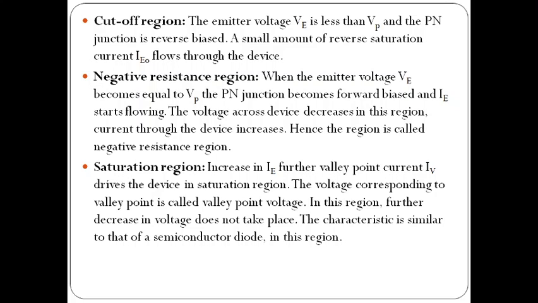VE will decrease in this region while the current through the device increases, so it is called a negative resistance device. In the saturation region, increasing IE further beyond the valley point current drives the device into saturation. The voltage corresponding to the valley point is called the valley point voltage. In this region, further decrease in voltage does not take place. The characteristic is similar to the normal PN junction diode.